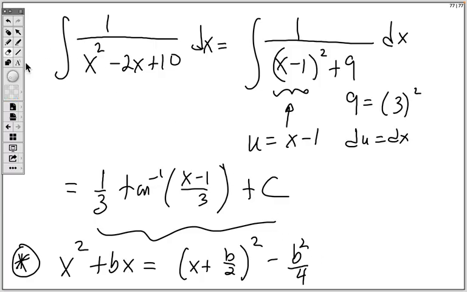That might be a better way to think about it. So if you took the time to multiply this out, you'd get your x squared plus bx plus b squared over 4 minus b squared over 4. That gives you that. So this is how you can go in and complete squares.